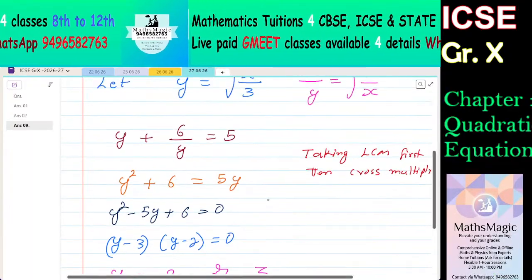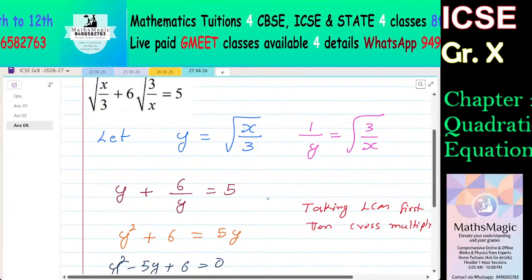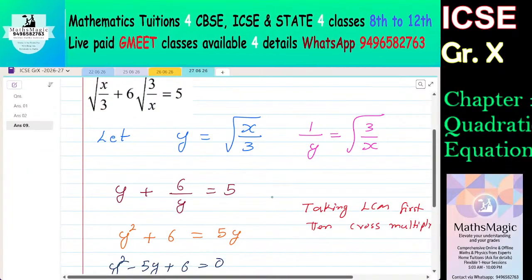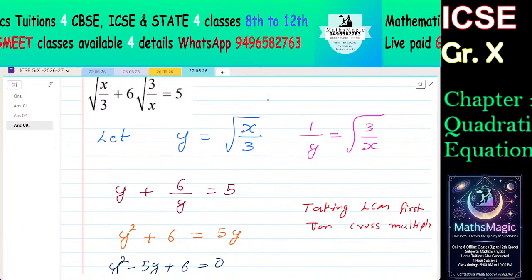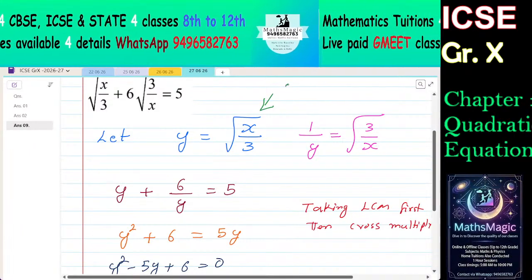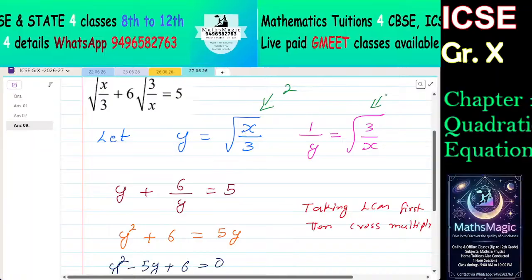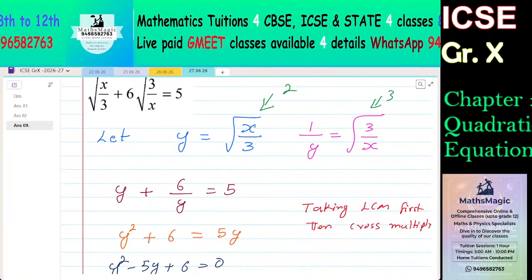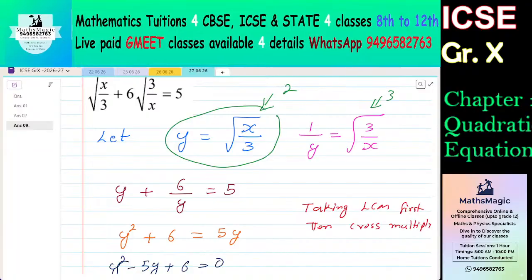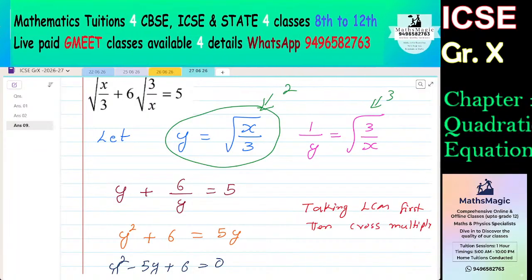Some of the common mistakes kids make is they will put 2 here and 3 here. Don't do that. This is y, and this is y.